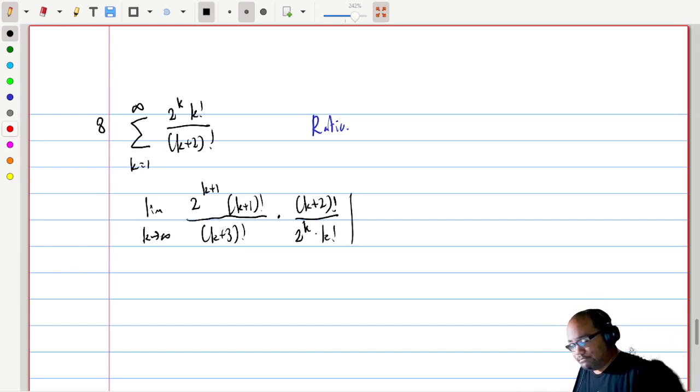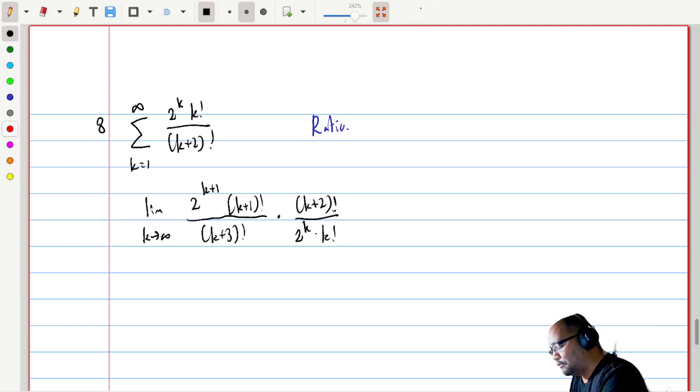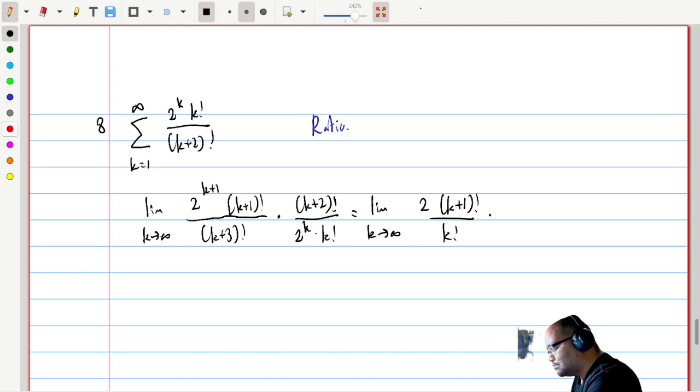Okay, so let's remember the recursive nature of the factorial. Obviously, you can see that I have the 2 to the k's. Some of them drop, and I have the 2 left over. And now let me put some stuff together here. k plus 1 factorial over k factorial. k plus 2 factorial divided by k plus 3 factorial.